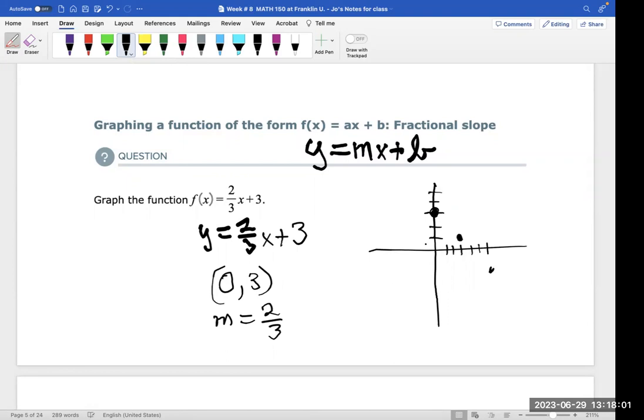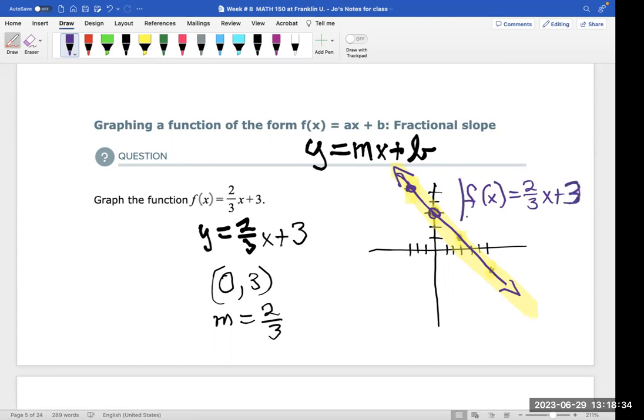Up 2 and to the left 3. So here is where you would find, those are 1, 2, get my highlighter. 1, 2, 3, 4 specific points on the line. That means my line is going to go through all of them. So here is the line that goes with this function, f of x equals 2/3 x plus 3.